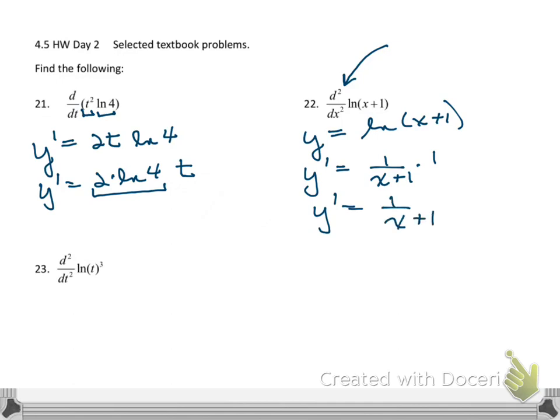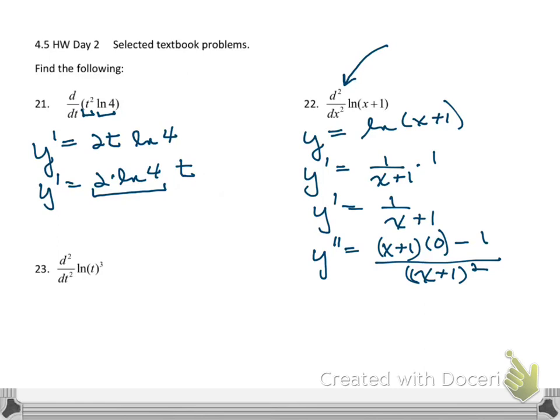Now you're not done because they are asking you to take the second derivative. So take the second derivative and you're going to use the quotient rule. So you're going to say low, which is x plus 1, d high, which is 0, so that's going to fall away, minus high, which is 1, d low, which is also 1, so you just have minus 1, over x plus 1 squared.